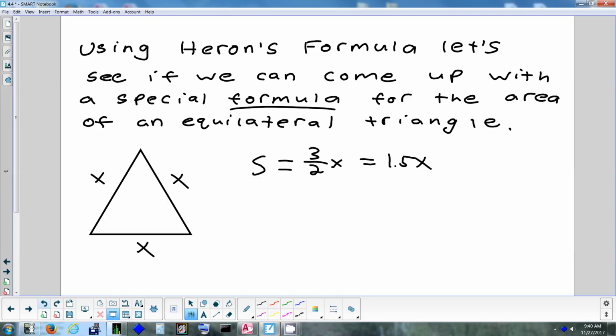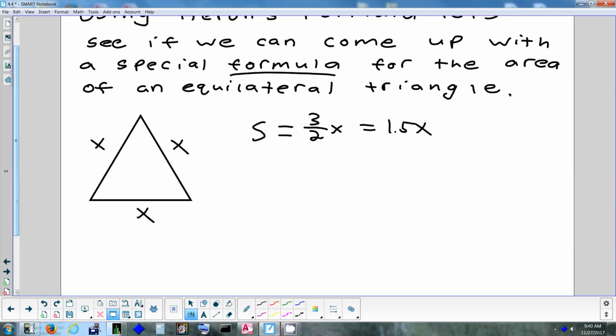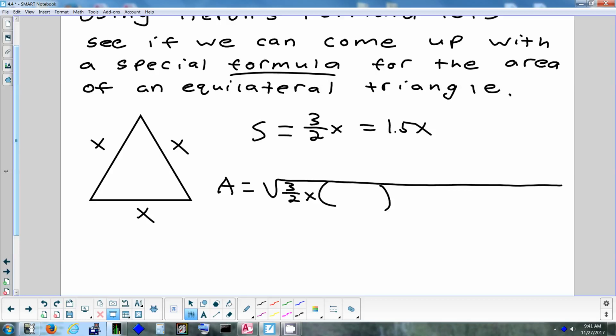1.5x. So let's plug it into Heron's formula and see what we get. I'm going to use the 3/2 version instead of 1.5 because it'll make the arithmetic easier to do in my head. So area equals square root. Peter, what's the first thing we put? 3 over 2 x. Yep. S times. And Connor, what would come next?